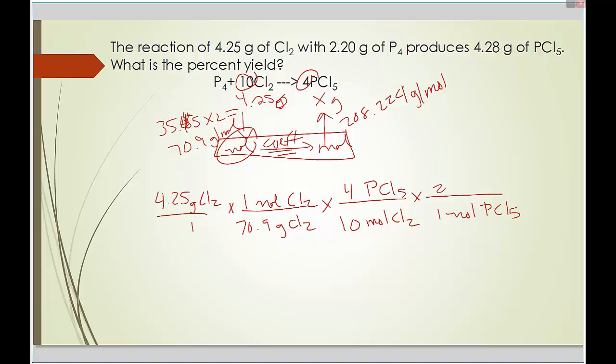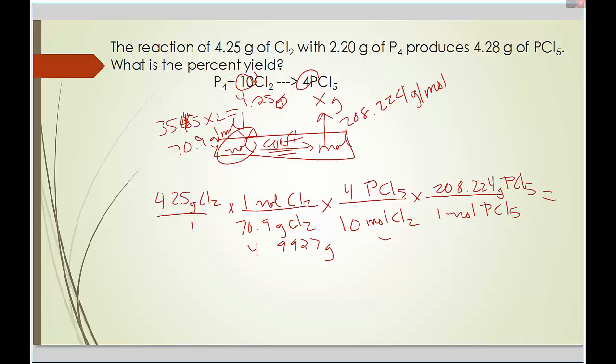So that's going to be 4.25 divided by 70.9 times 4 divided by 10 times 208.224. That comes out to be 4.9927 grams. Or just 4.99 because of significant figures. There's only 3 here.